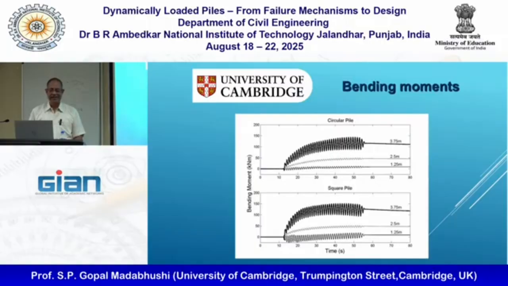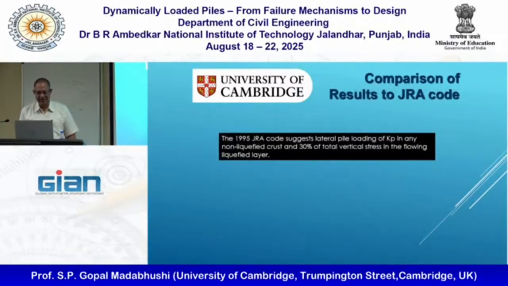Now, as I said, these people, the Japanese rail authority, came up with this code, and they made a blanket statement. This is always bad in any code, particularly to do with earthquakes.